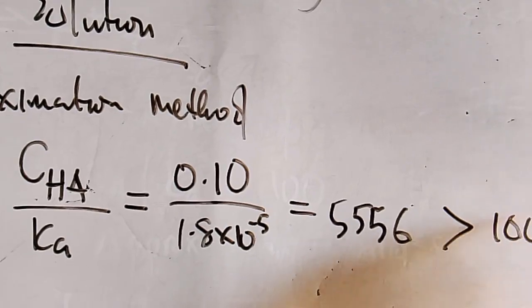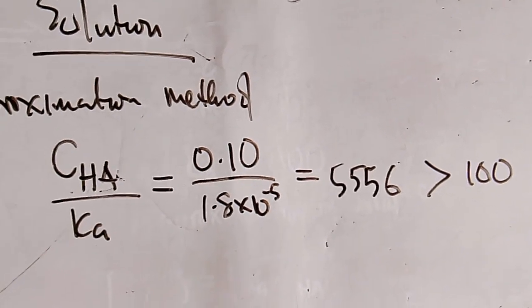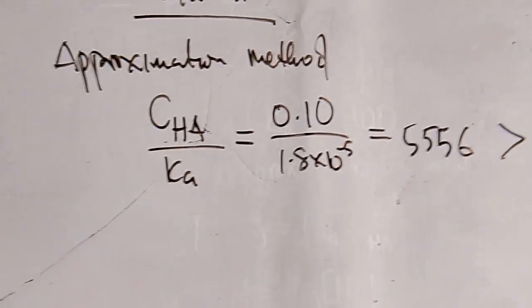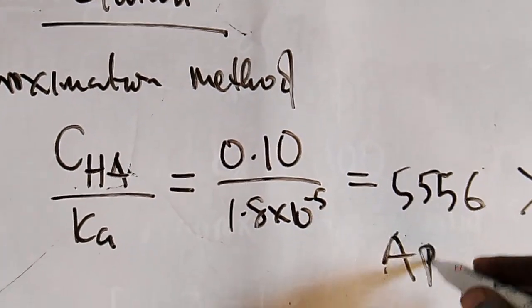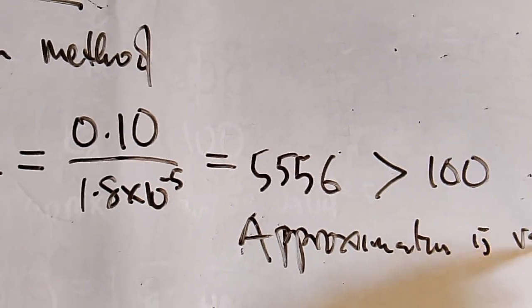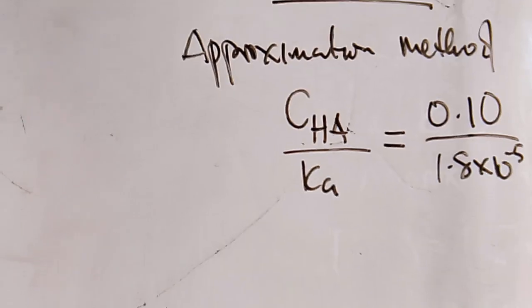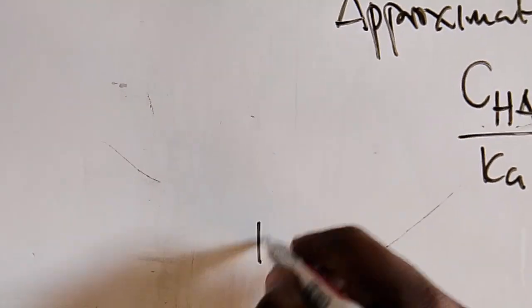You can see this number is greater than 100, so it means the approximation is valid.